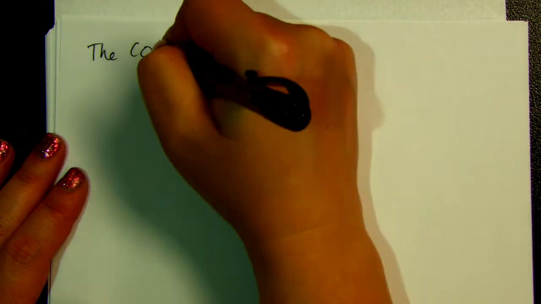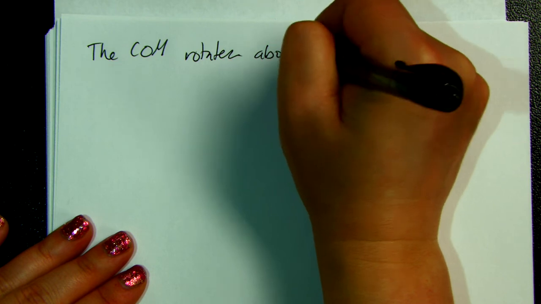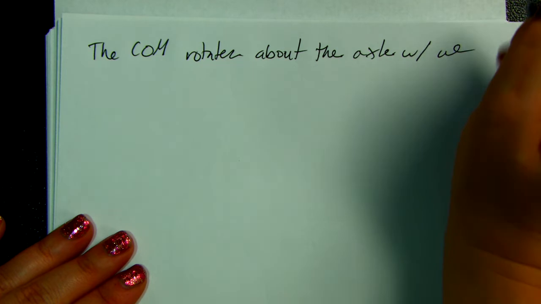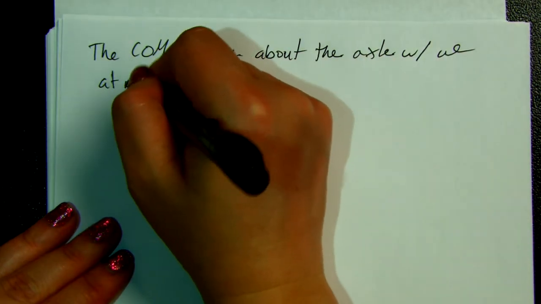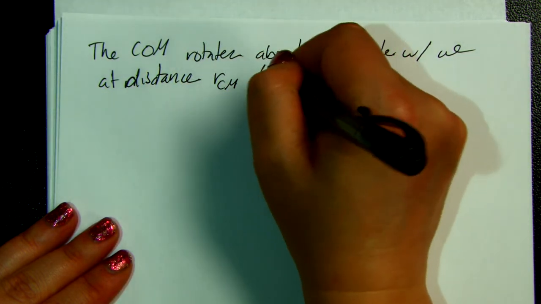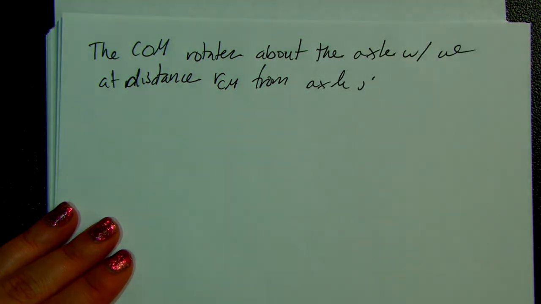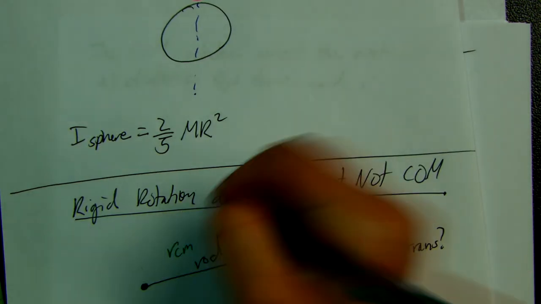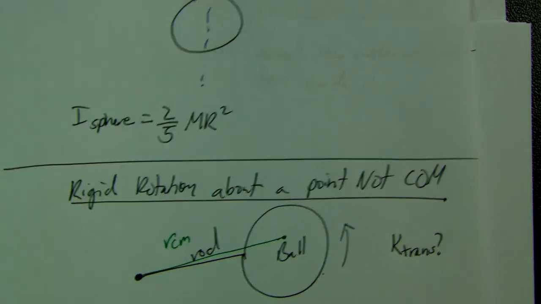The center of mass rotates about the axle with angular speed omega at distance RCM from the axle. So we can go ahead and write that in. There we go.